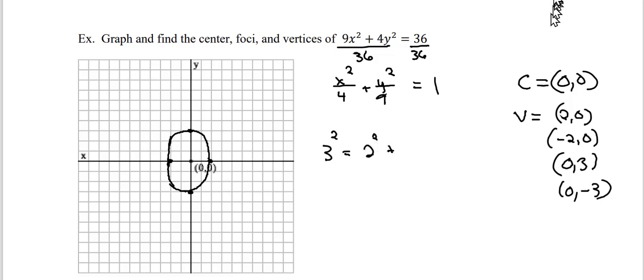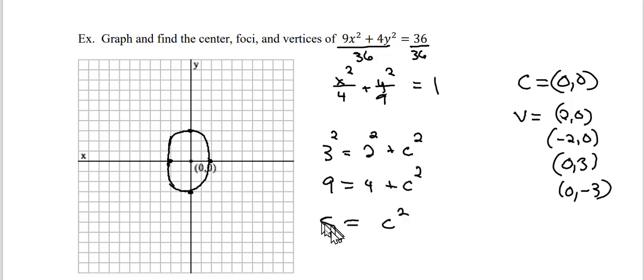And I don't care what letters you actually use here. Technically, we use c in our documentation up there for the distance to the foci, but you could put a smiley face there. It doesn't really matter.